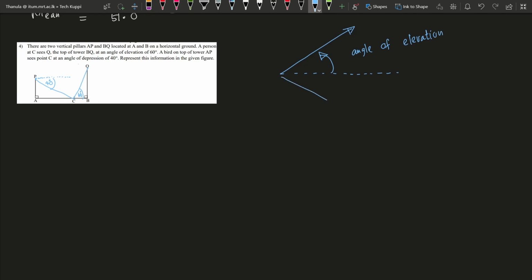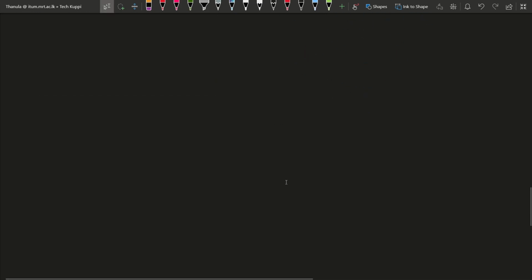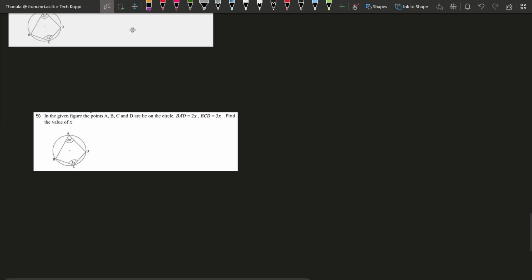From the horizontal level to this side, it's the angle of depression. Right? Okay, it's done. Let's move to the final part.